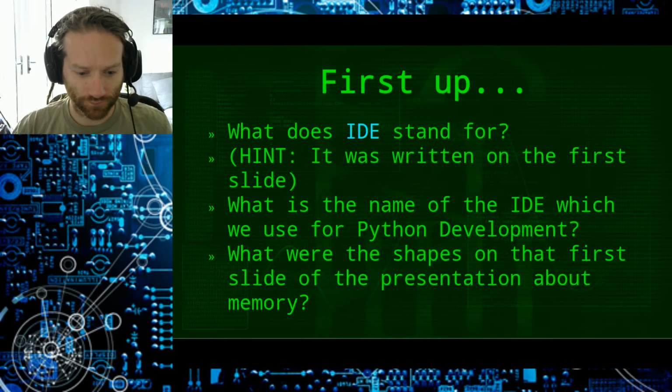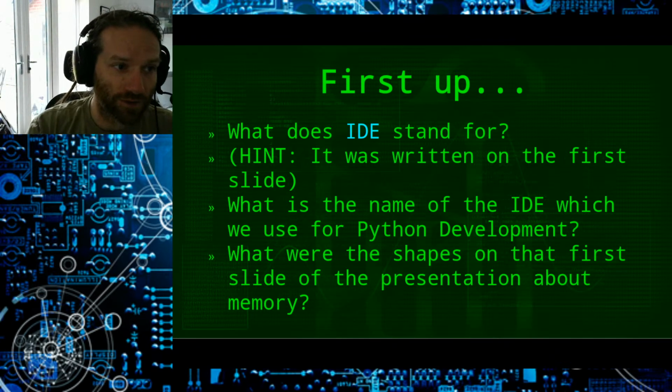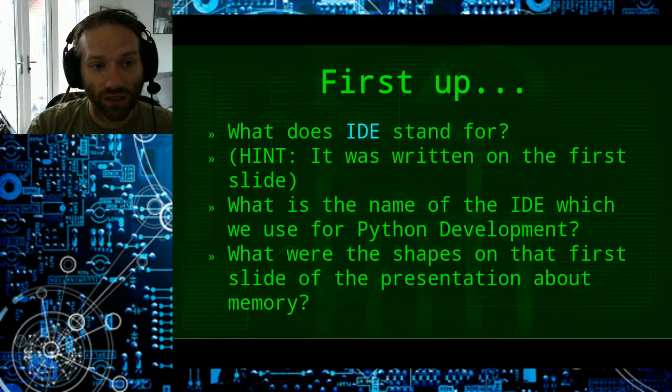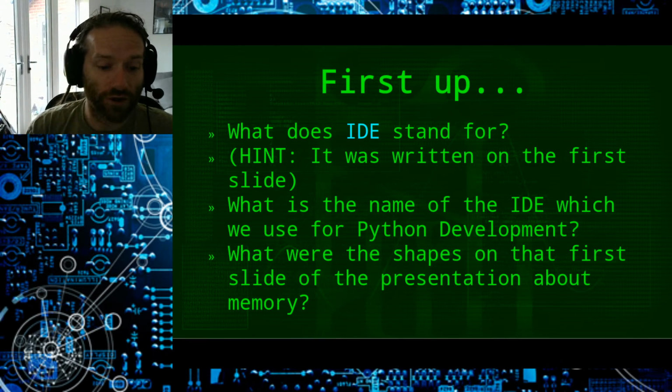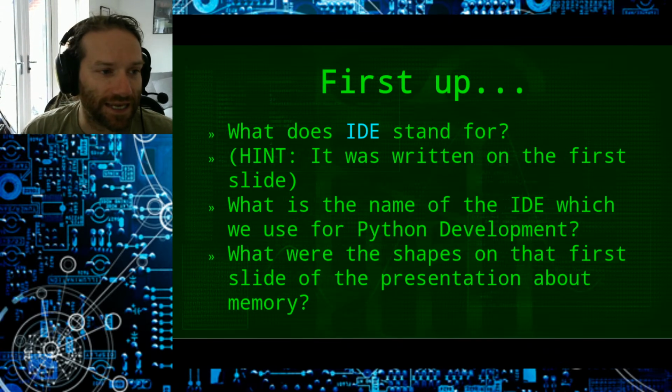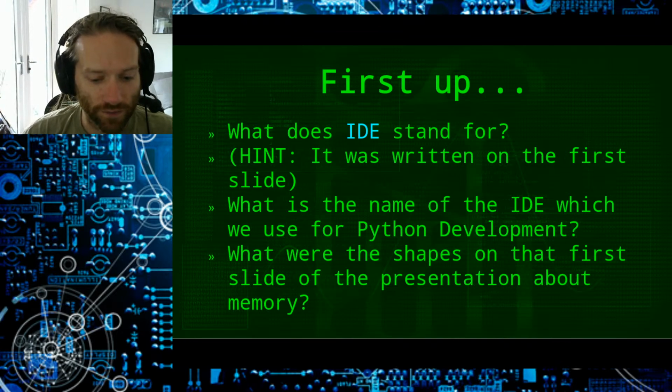Okay. So Notepad++ is an example of a good editor. It's a full-featured editor, but it is just an editor. IDLE is an example of an IDE. In fact, the I, the D, and the E in IDLE stand for Integrated Development Environment.